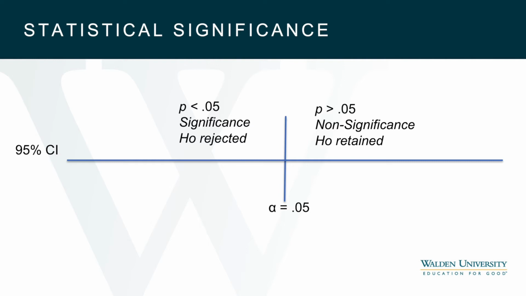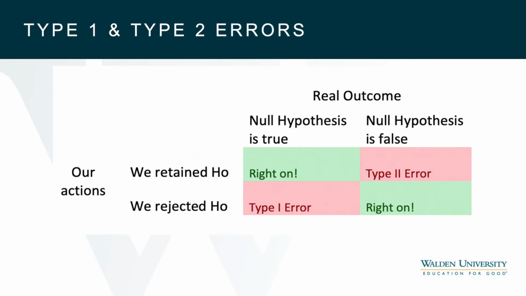Now, you have heard me mention the type 1 error a couple of times already in this video, and I talked about it on the previous video as well. That relates to that alpha level here on the screen. The golden standard is 0.05, right? We set that at 95%. Now, what does that really mean, to generate a type 1 or a type 2 error? We have a null hypothesis that is true, that we properly retain.